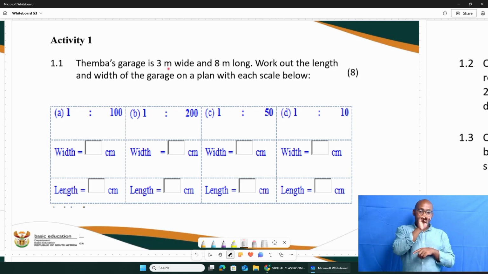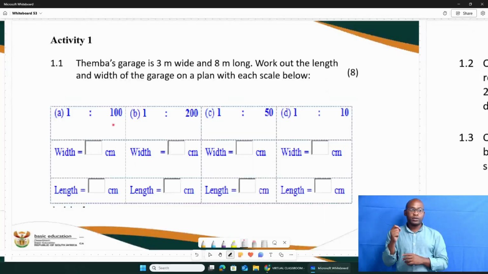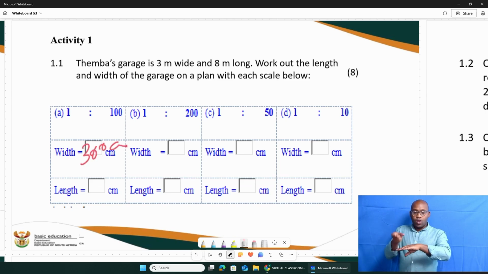Now, if you go from meters to centimeters, it means you are going from the biggest to the smallest. So centimeter is the smallest, and meters is the biggest. So from the biggest to the smallest, it means you multiply, by 100. Then you multiply by the scale factor, which is 100, which means the width will be 300 centimeters, because 3 meters is 300 centimeters.